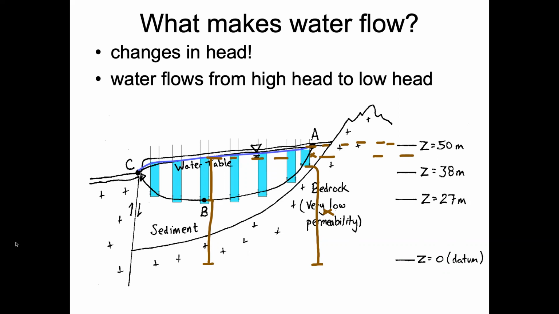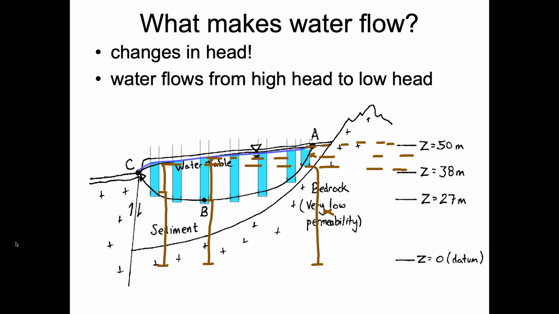And then what about at C? This well is pretty close to C too, and we can get an idea. Here's our elevation head down to the datum, here's our pressure head up to here, and we'll continue to draw this one over again. Maybe here we're at about 39 meters.